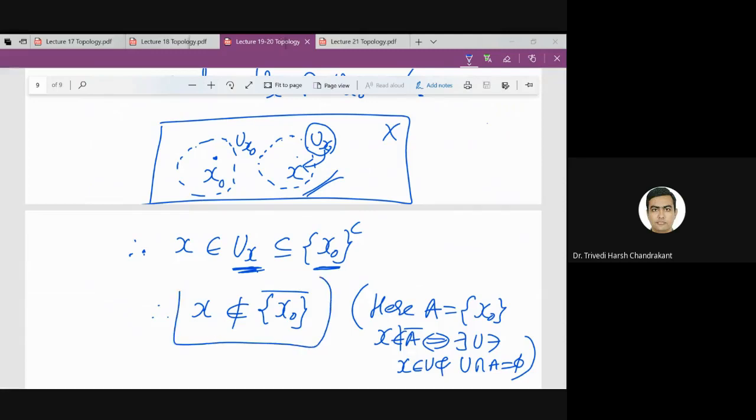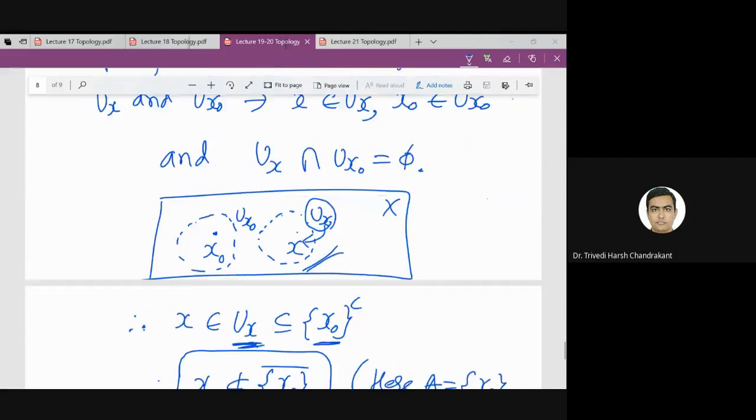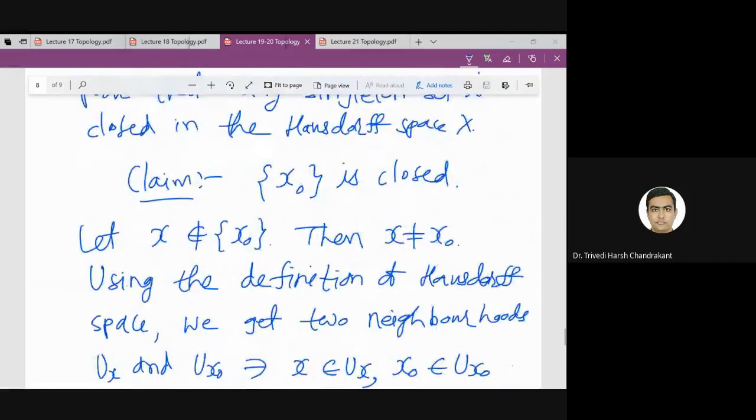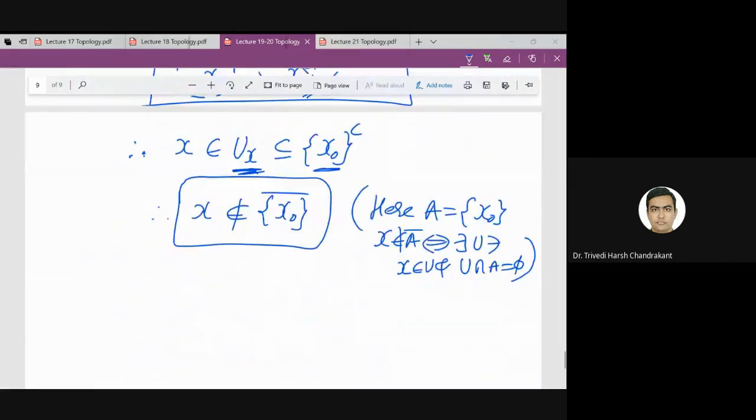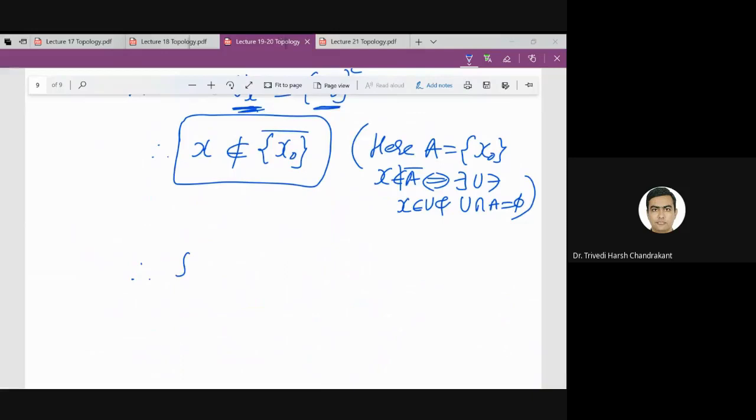So we proved that x is not in the closure of {x naught} from the fact that x is not in {x naught}. So if x is not in {x naught}, x is not in the closure of {x naught}. The contrapositive will give us that the closure of {x naught} is a subset of {x naught}.